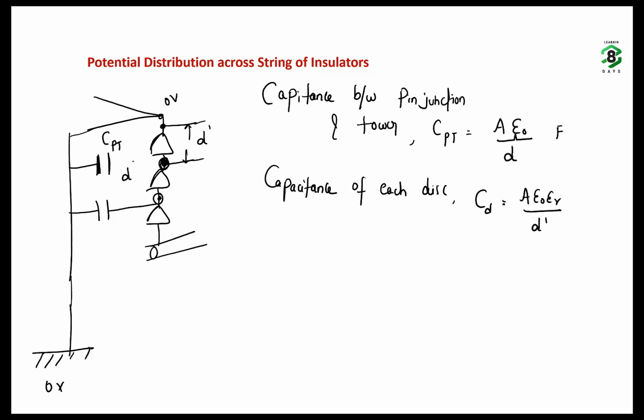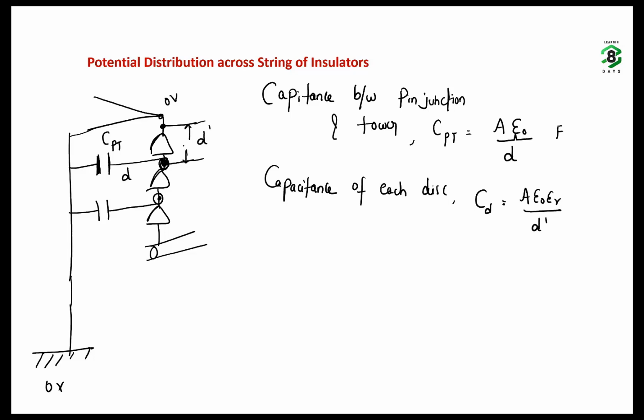Let us call the previous distance as D and this distance as D dash. So D is the distance between the pin junction and the tower, whereas D dash is the distance between the two metallic pin junctions.